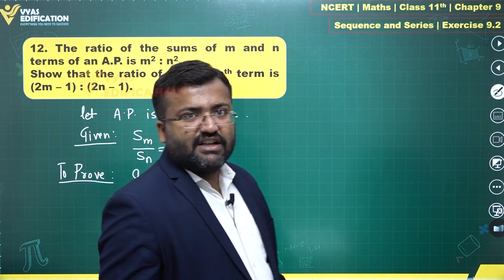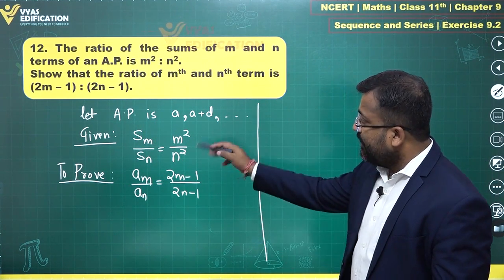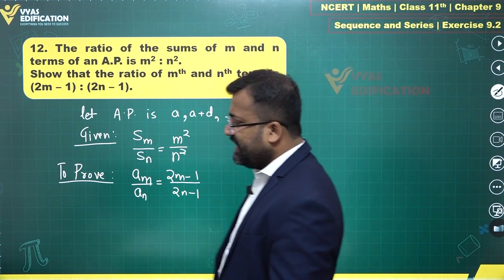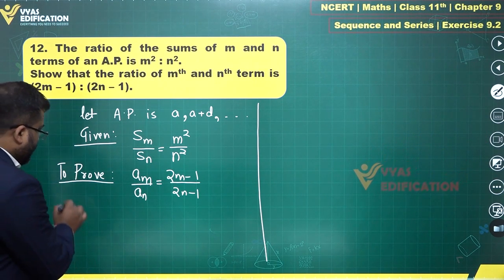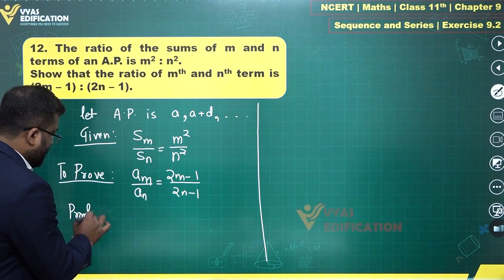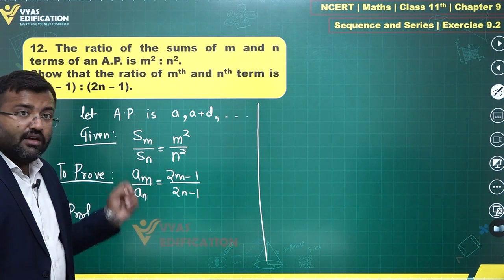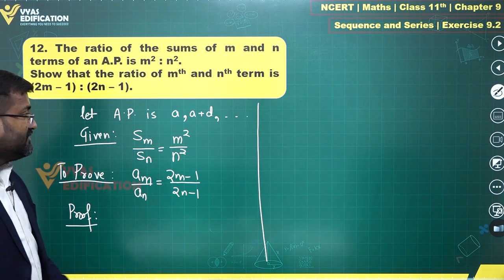This is actually one result which you can maybe remember as well, that if the sum of m and n terms of one particular AP are in this ratio, then the mth and nth term will be in this kind of a ratio. How will we prove this? Let's talk about the proof. Since we are talking about the same AP, the first term and the common difference will be same.